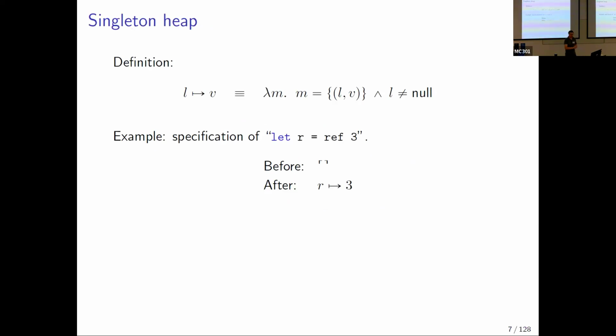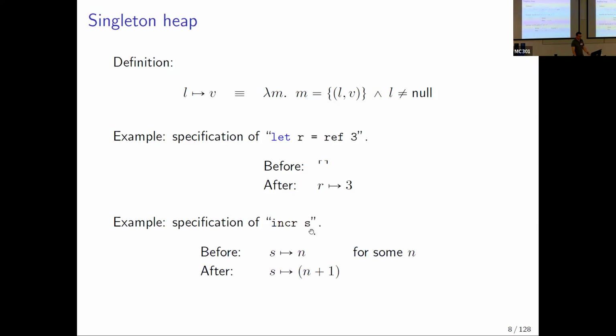The singleton heap is saying that you have a memory that is a singleton heap containing the pair L, V, location and value, and L is different from null. So when you have let r equal ref 3, an allocation in OCaml syntax, the precondition is empty and the postcondition is r maps to 3.